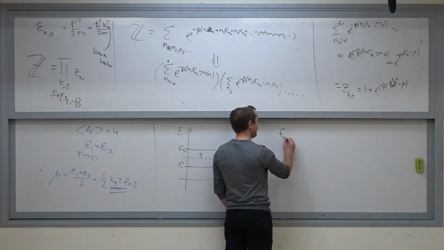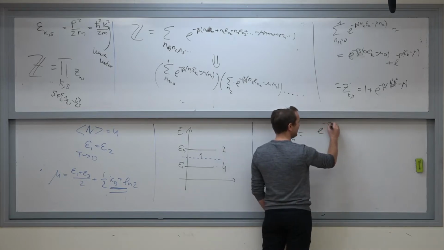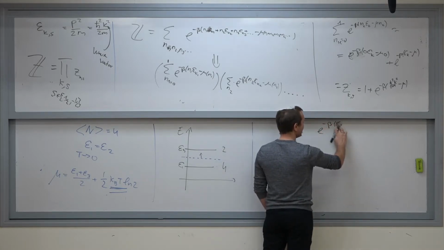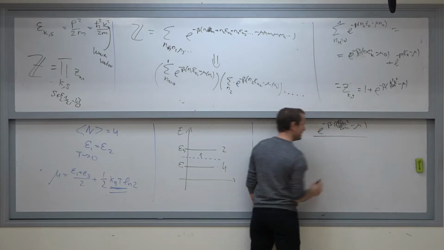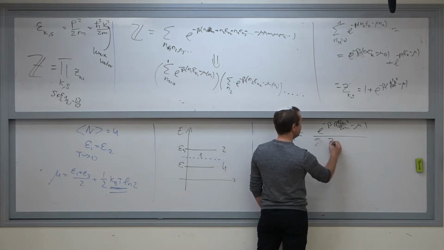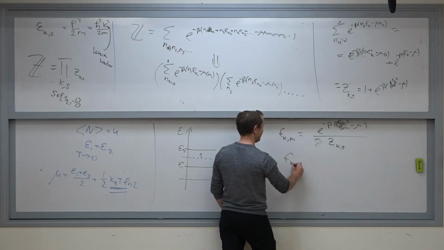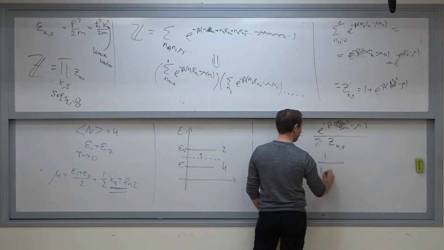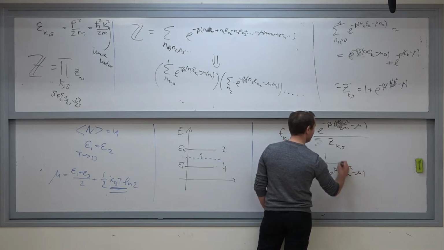So psi_{k,s}, n equals 1, equals e to the power minus beta of h bar squared k squared divided by 2m minus mu, divided by z_ks, which equals 1 divided by 1 plus e to the power beta of h bar squared k squared divided by 2m minus mu.